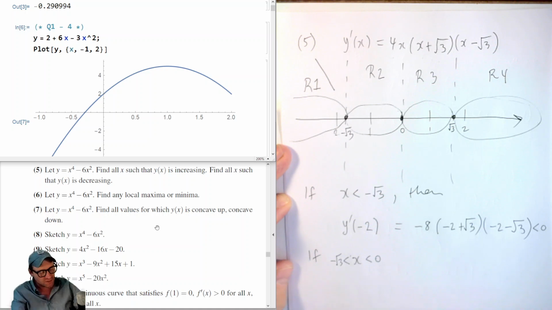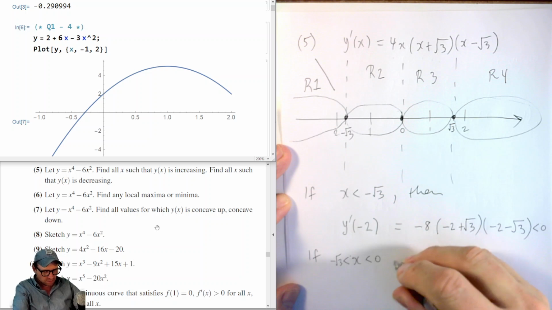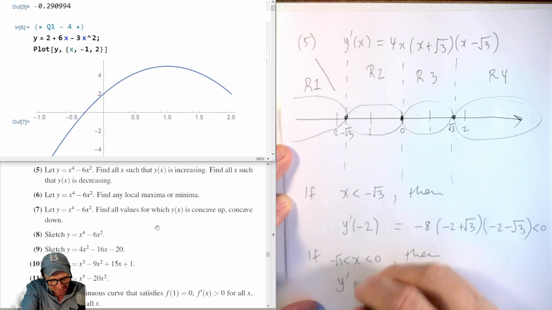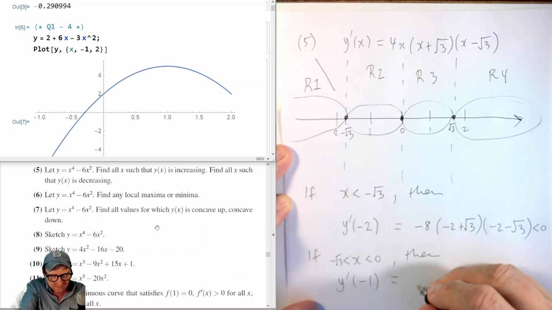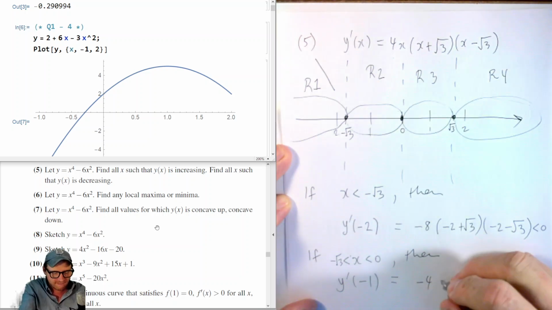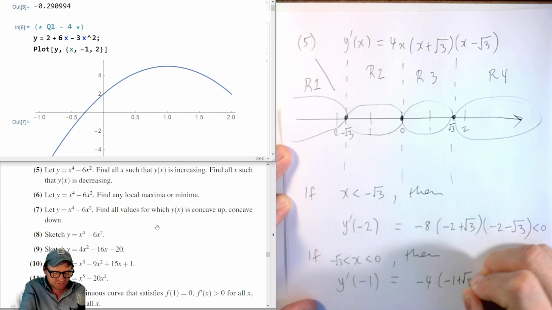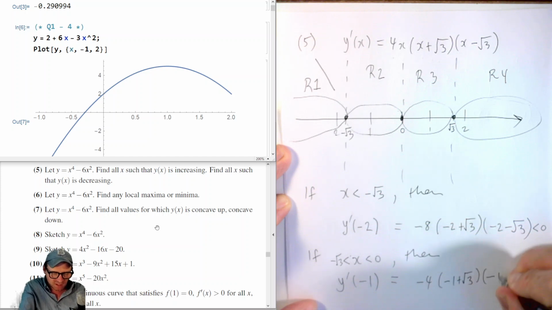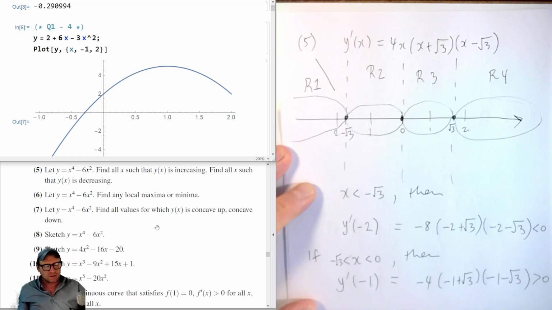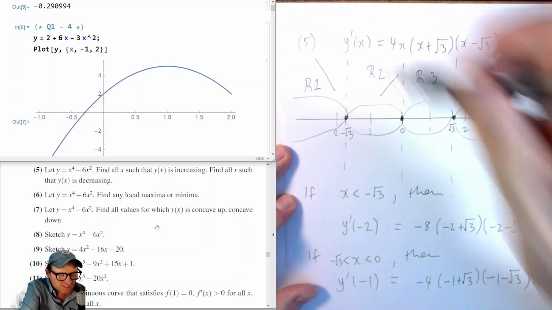Can you think of a number in that range? y dash of, say, minus 1 is equal to minus 4, I'm just subbing that number in, times minus 1 plus root 3, and then minus 1 minus root 3. This time, this is negative, this is positive, this is negative. So we have two negative numbers times a positive number. That's positive.